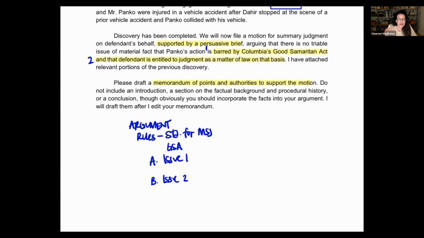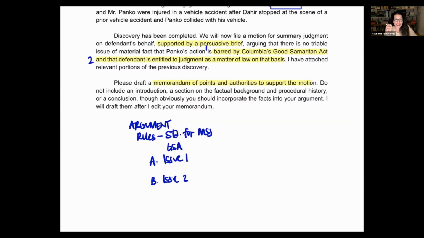And issue 2, there's no triable issue of material fact such that the defendant is entitled to judgment as a matter of law. So all the bar examiner stated here was the standard for an MSJ and the legal issue, which is the Good Samaritan Act.